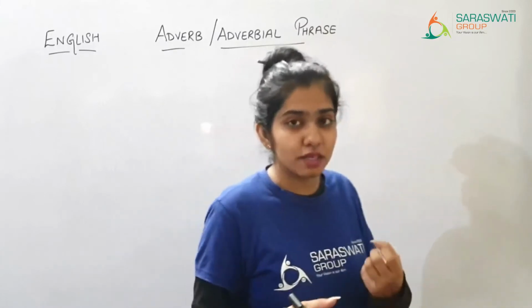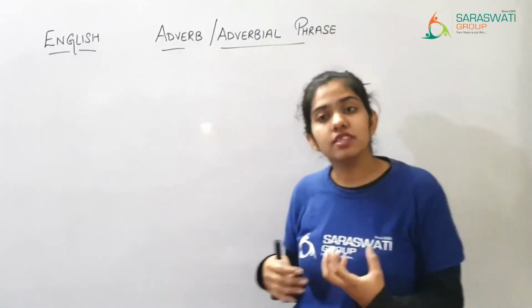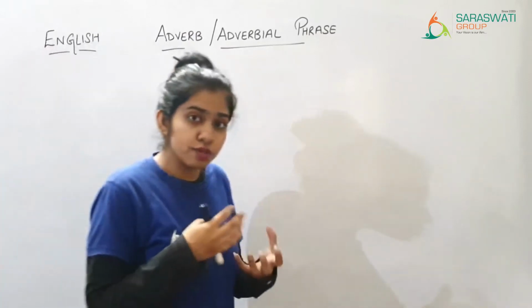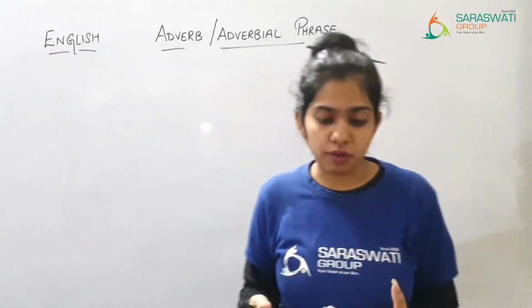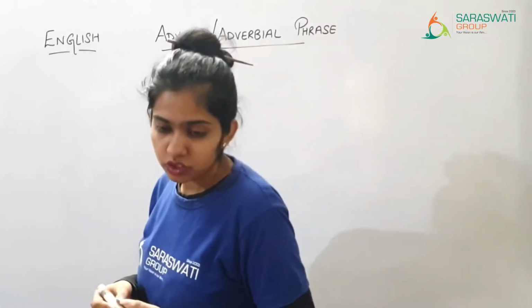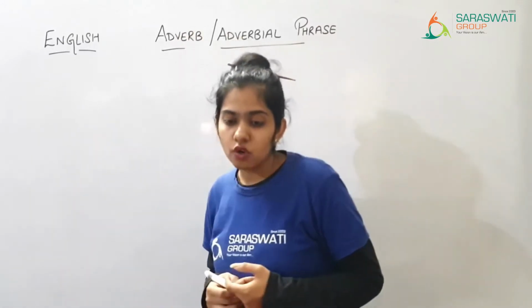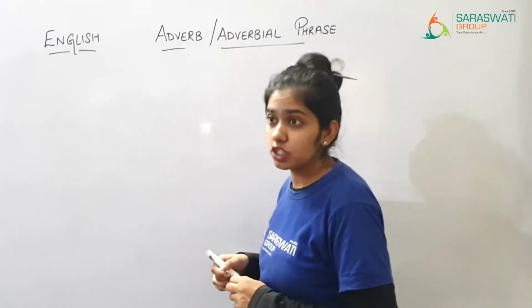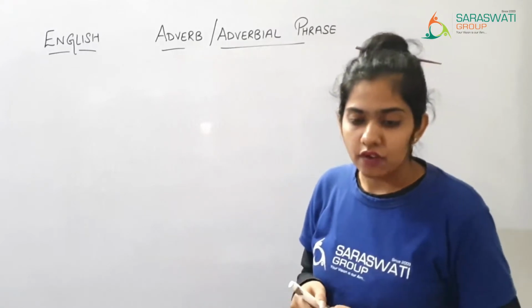So we are adding something, right? We are describing that word better. So the words which we are using, that is known as an adverb. Here the word is slowly. So here adverb means nothing but it adds something to the meaning of a verb, right?